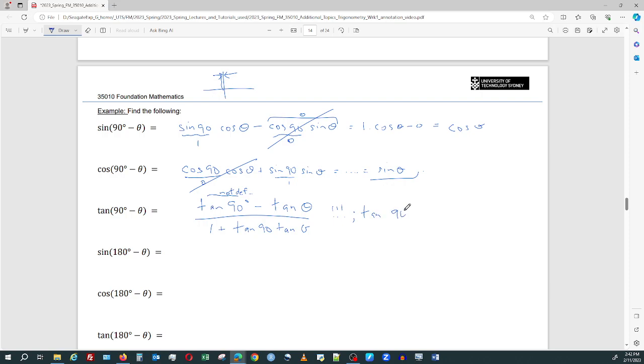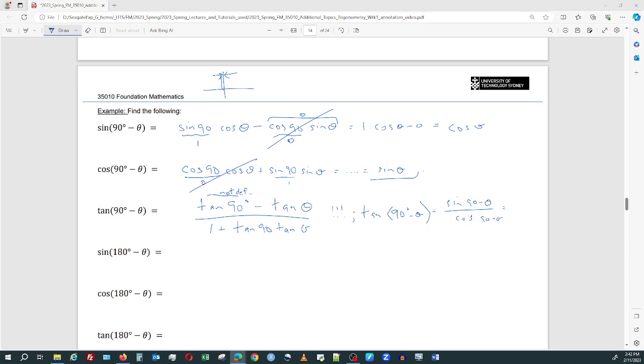minus theta is equal to sine 90 minus theta over cos 90 minus theta. And what do we have for that?